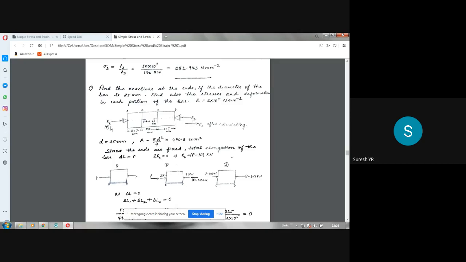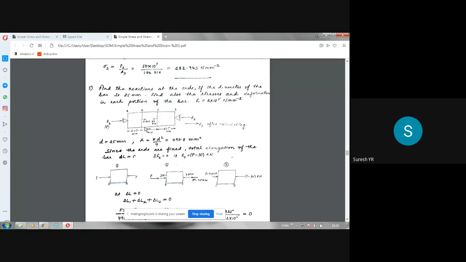So P plus 30 minus 60 minus RD is equal to 0. You will get RD as P minus 30. All the values will be in kilonewtons because the forces are given in kilonewtons. So this reaction is P, and this reaction will be P minus 30. Once you get the value of P, you can write down the reactions at these two ends.